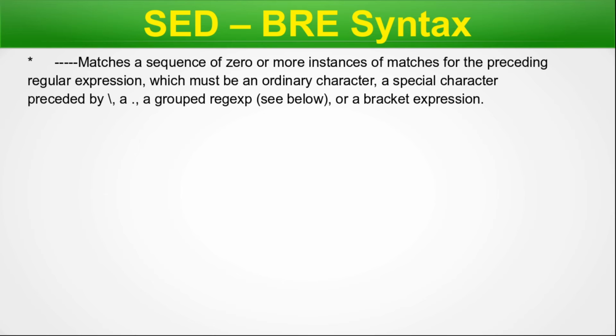So star means it will match 0 or more times the particular thing is present, so it could be a character or something like that. Dot matches any character including a new line, so any character it matches.